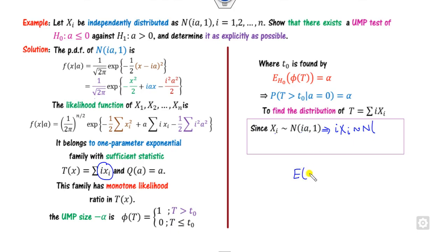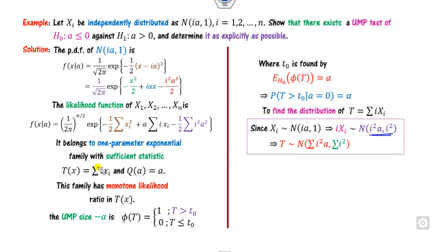How can you find the mean of i xi? i is outside, E of xi. The mean of xi is i square a. So this is my i square a. This is a variance. How do you find the variance of xi? This is i square outside, variance of xi. The variance of xi is 1. So it is my i square. Fine. So this is here.